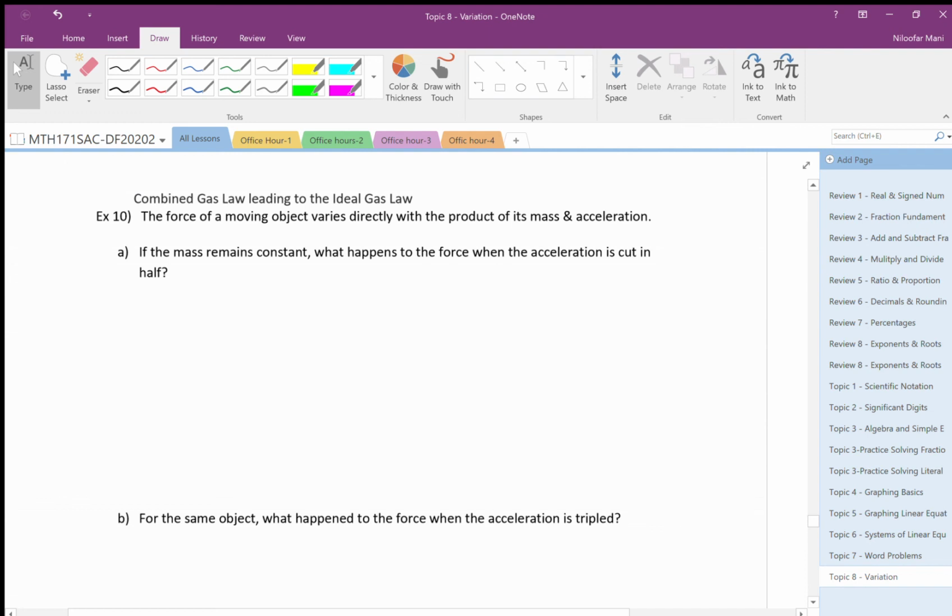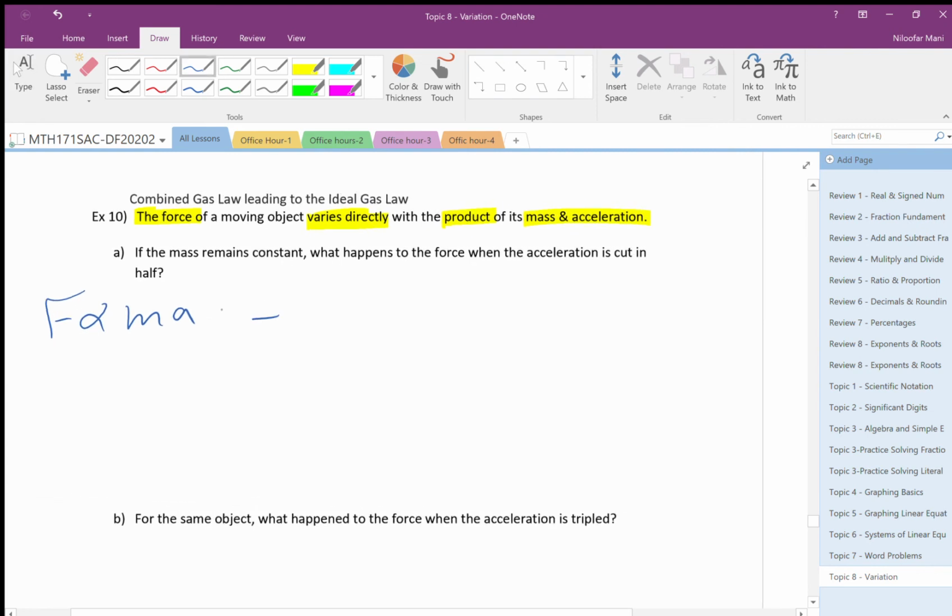Okay, so the force of a moving object varies directly with the product of mass and acceleration. So this varies directly, product of this. Okay, so F alpha ma, then means F is kma. If mass remains constant, see here I say mass remains constant.